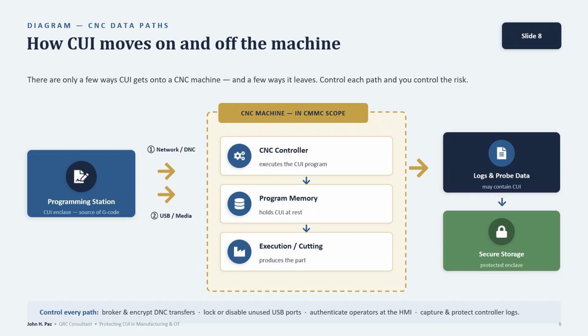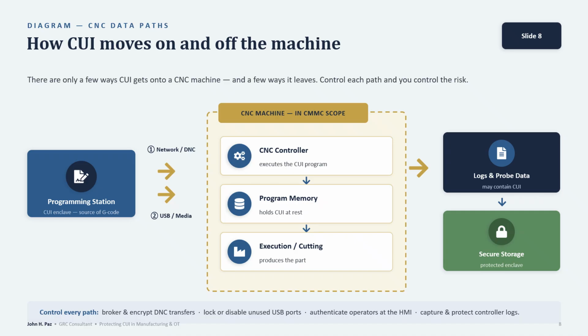Now the data paths. CUI originates at the programming station inside the enclave. It reaches the machine one of two ways: over the network through a DNC link or file share, or physically on USB or removable media. Once inside the dashed gold boundary, the controller executes it. The memory holds it and the machine cuts the part.